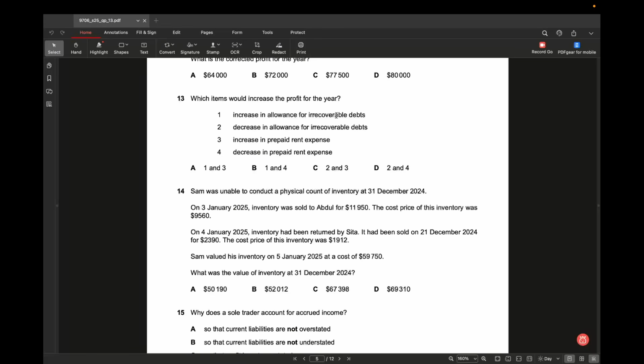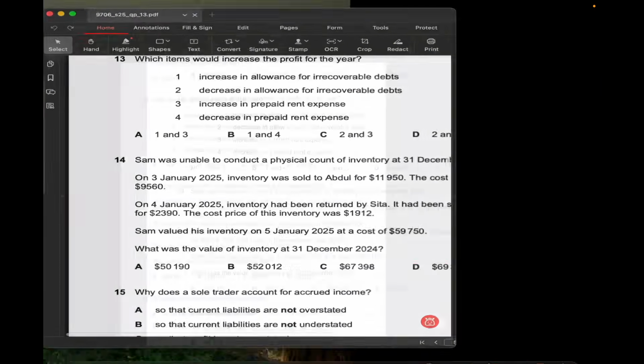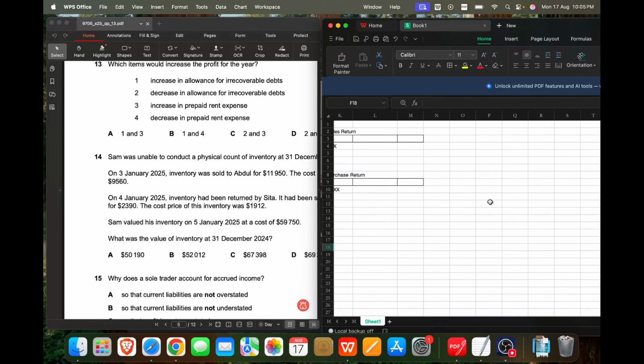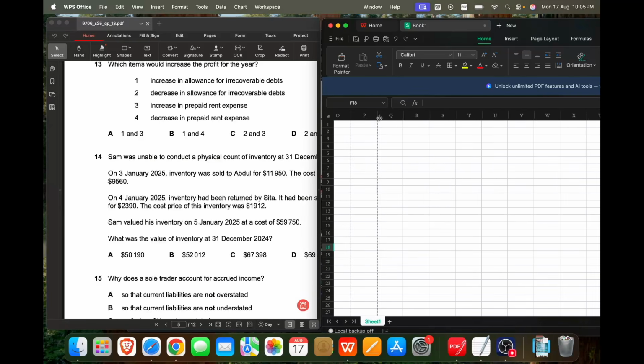If you remember, we create provision or allowance for irrecoverable debt every year, and then we compare the amount of the allowance for irrecoverable debt with the previous year's irrecoverable debt. For example, let's say this is 2025.